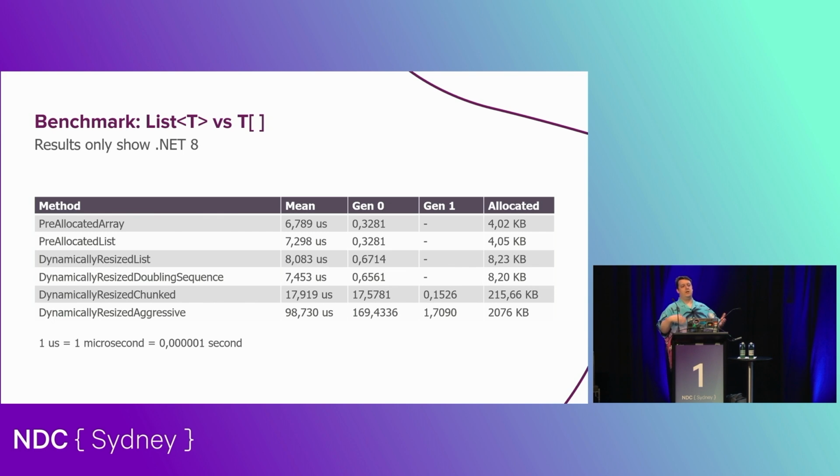Of course, it can be a little bit more allocatey because you see it's immediately doubled in size from 4 to 8 kilobytes. But still, good solution. And of course, because it's the same algorithm, you see that the resize doubling sequence array version is within the same ballpark as the list version. Although, because it's an array, it has less overhead, it's still faster and a little less allocating.